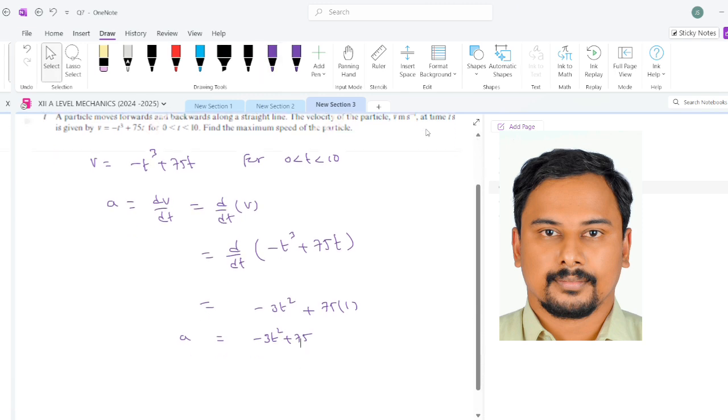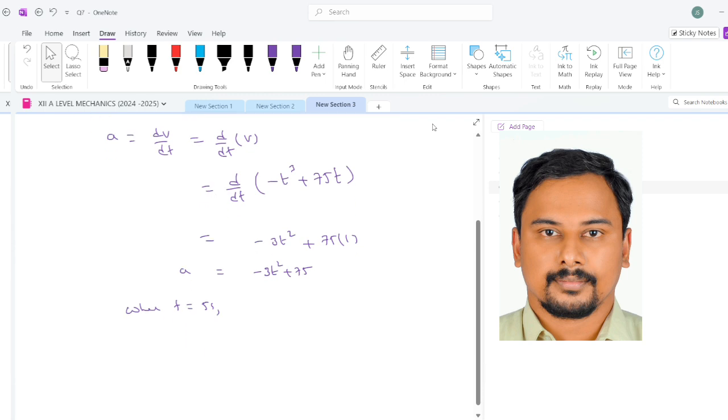So to get the maximum speed, the relation given is 0 less than t less than 10. So let us take when time t is equal to 5 seconds, because the average value I'm taking, since 0 and 10 seconds, the average time will be 5. During the 5 seconds, what will be its velocity?